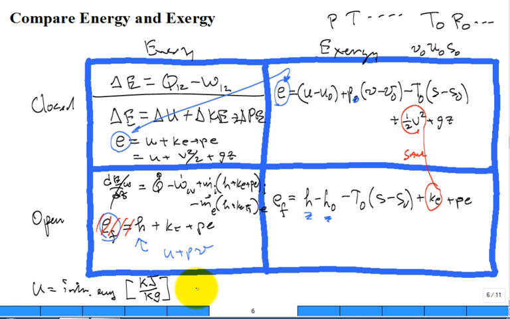Then we had the next property, H. H was enthalpy, right? What were the SI units for enthalpy? Kilojoules per kilogram. Look at the definition: H is equal to U plus PV. You can see H has the same exact SI units as U. And PV has the same exact units as U, the product of P and V.